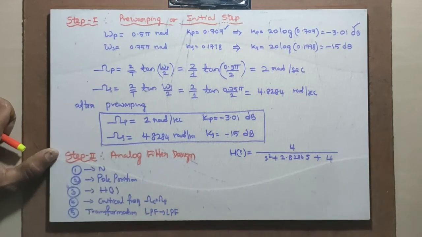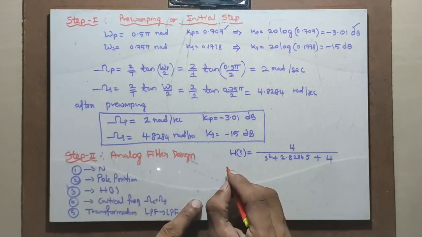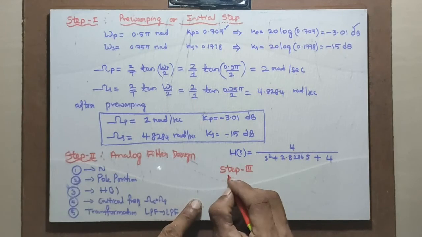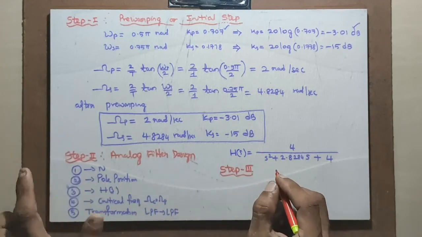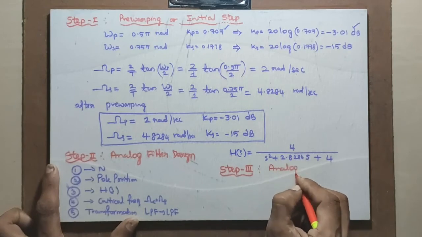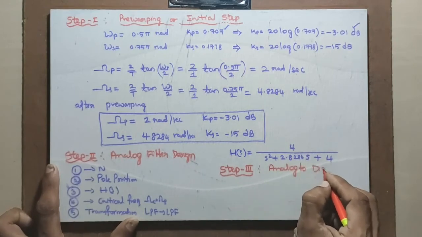This is your answer. That was step 2. Now, what is step 3? Step 3 is analog to digital transformation.